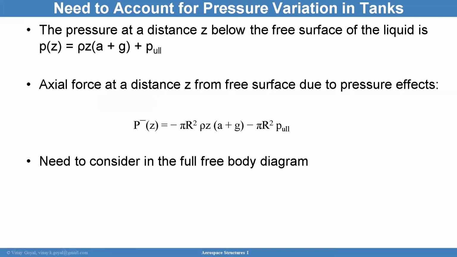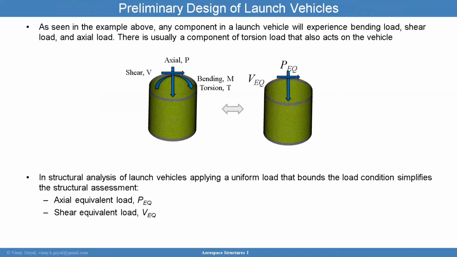So that needs to be considered, and it is important. Rho is the density of the fluid, which could be LOX or RP1 or one of those fluids, either for the oxidizer tank or the fuel tank. So that needs to be considered in your analysis when you look at this.